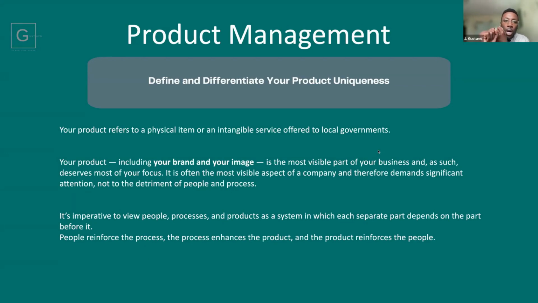So your product, including your brand and your image, is the most visible part of the business. And as such, it deserves most of your focus. It is often the most visible aspect of your company, and it demands a significant amount of time. Remember, the most visible part of any business is their product. Your product is what you're selling.